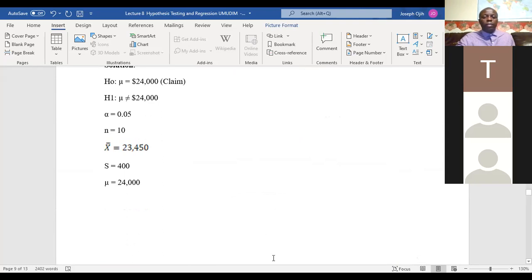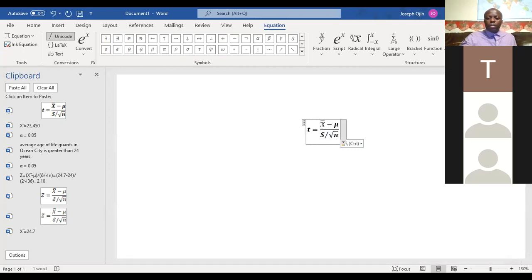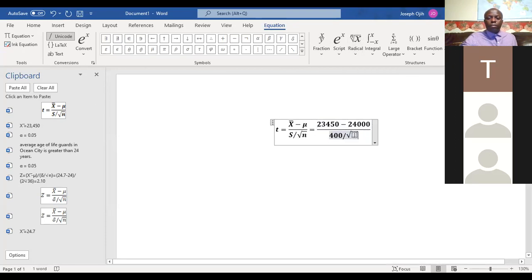Plug these in: t equals 23,450 minus 24,000 for the population mean, divided by the standard deviation of 400 over the square root of 10.